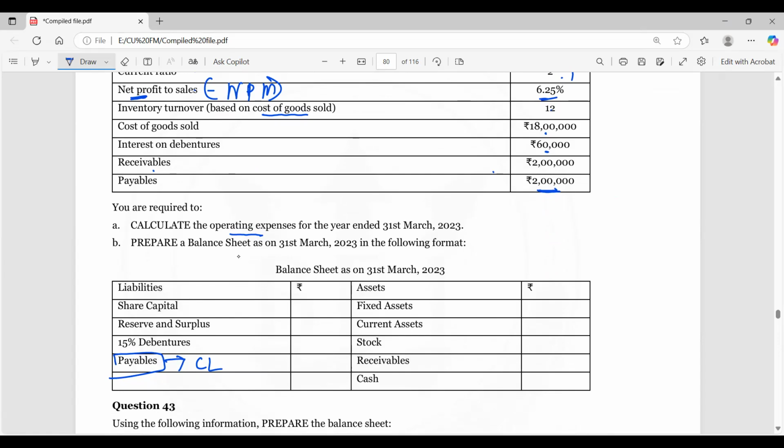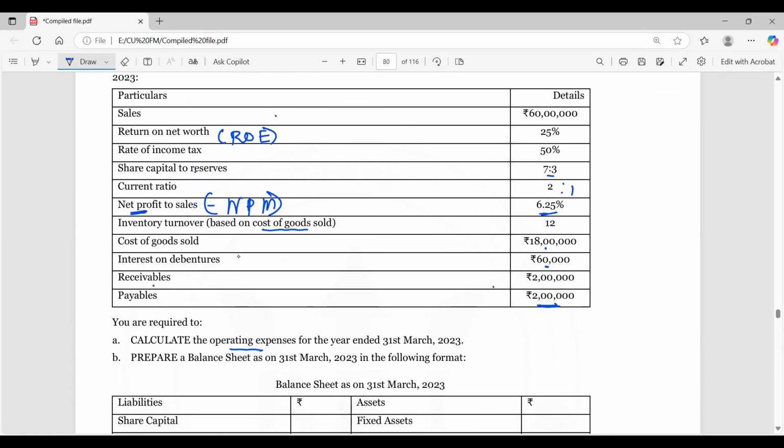So there taxation will not come. If the question requires you to prepare a P&L statement, use the horizontal form. If you are calculating any particular component of the income statement, it is better to use this form.